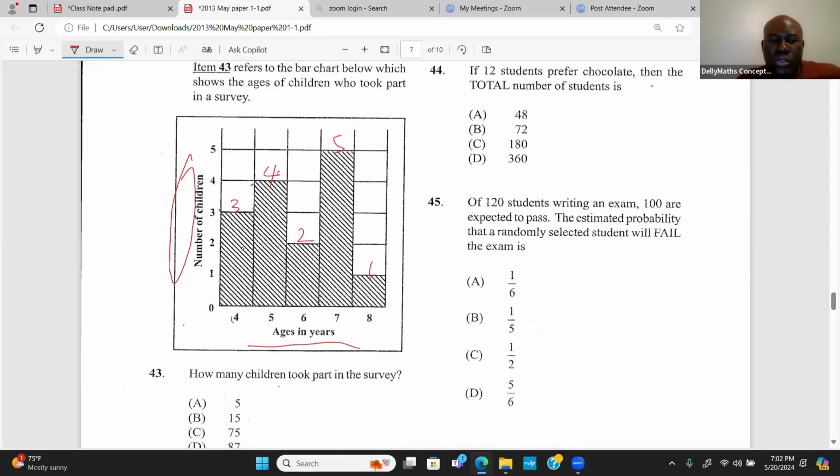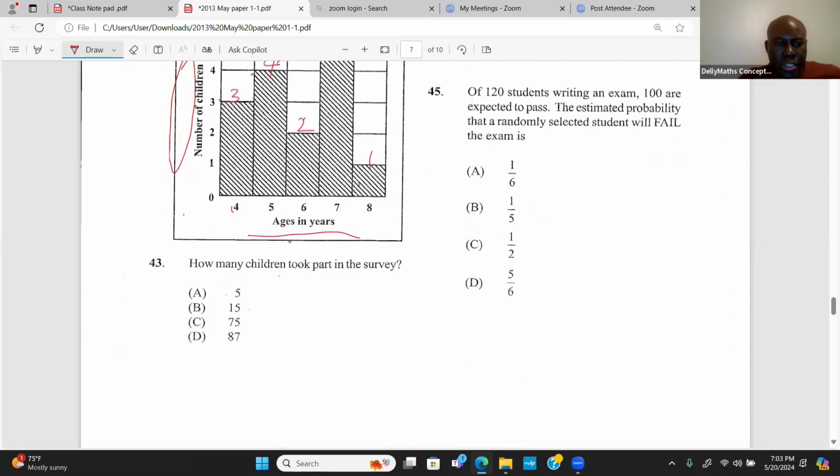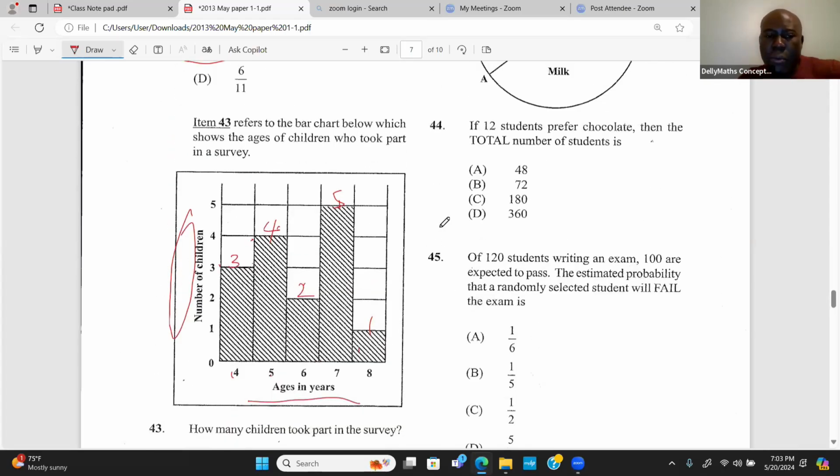So 7 plus 2, 9, 14, and 1, 15. You're just adding up these bars, their height. So you're going to realize that, hey, it's 15 children that we have there. 3 of them were 4 years old, 4 of them were 5, 2 of them were 6, 5 of them were 7, and 1 of them was 8.